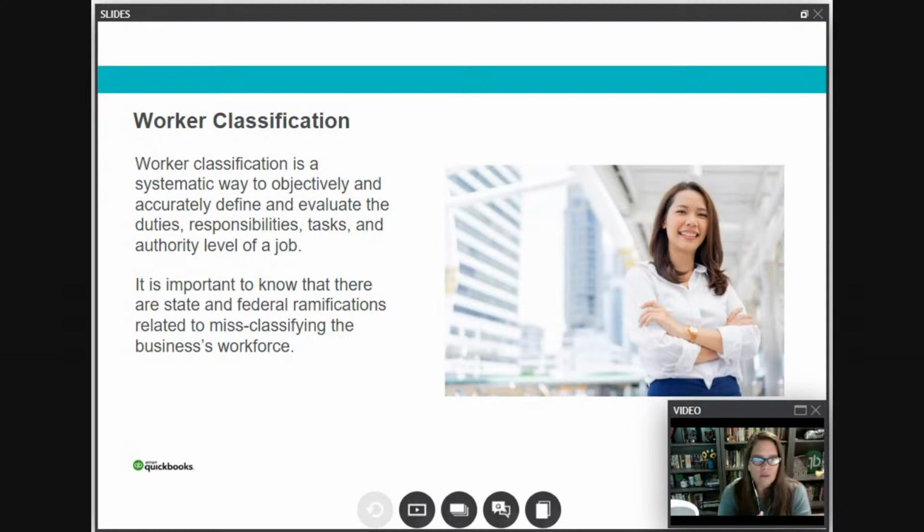So that's really important. And it's important to keep happy employees, but also those duties, responsibilities, and the authority level of a position all have ramifications that are related to state and federal compliance, right? So it's going to determine if an employer has to withhold income taxes and pay Social Security, Medicare, and employment tax on those wages to an employee.